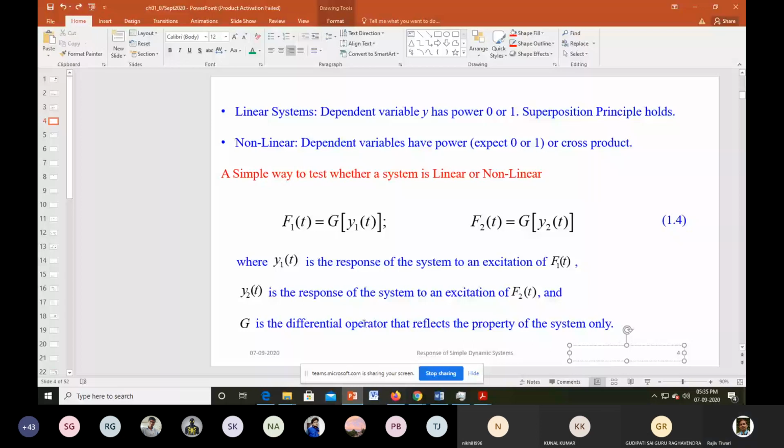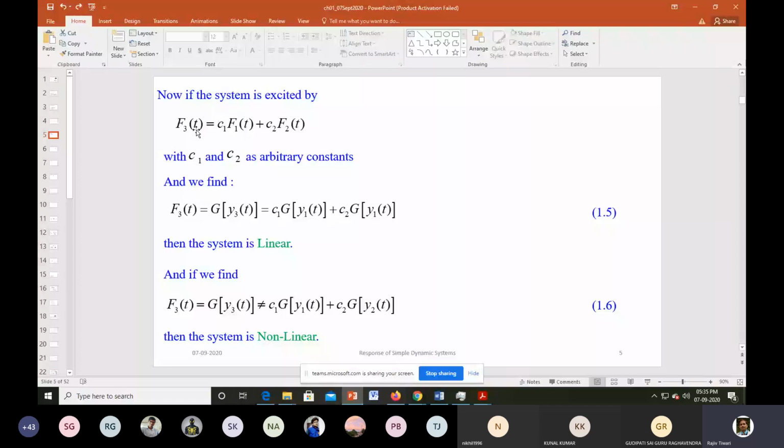Now, let us say a third force is there, which is a combination of the first force F1 and the second force F2, where C1 and C2 are some constants. So this is the third force.